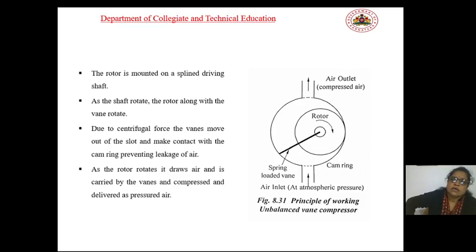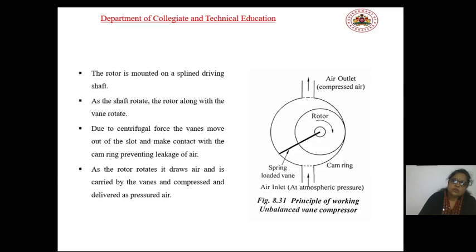As the shaft rotates, the rotor along with the vanes also rotates. Due to the centrifugal force acting on the vanes, the vanes move out of the slots and make contact with the cam ring, preventing the leakage of air inside the system.